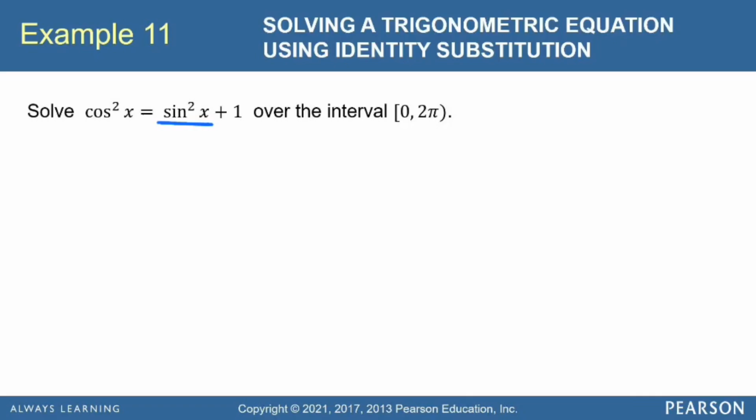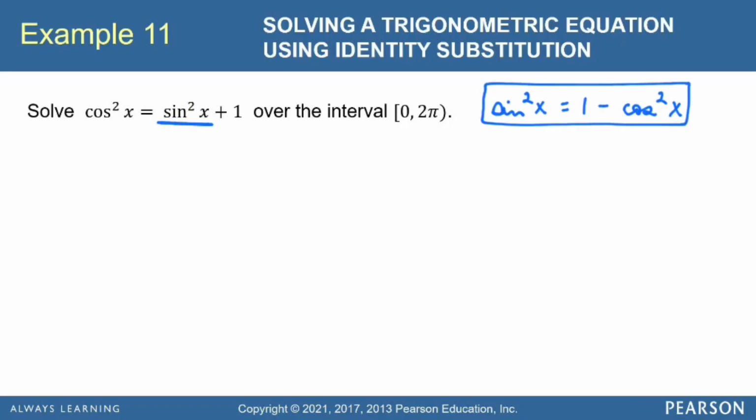You know that if you take your Pythagorean identity and rearrange it so that the sine squared x term is isolated, that would give you sine squared x equals 1 minus cosine squared x. So I'm going to replace this sine squared x term with 1 minus cosine squared x.